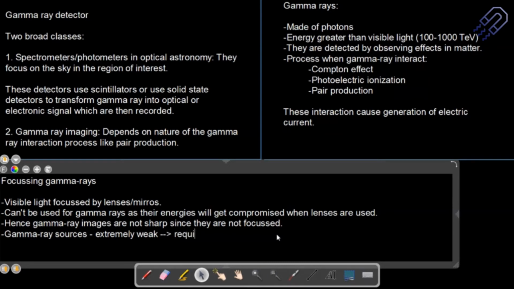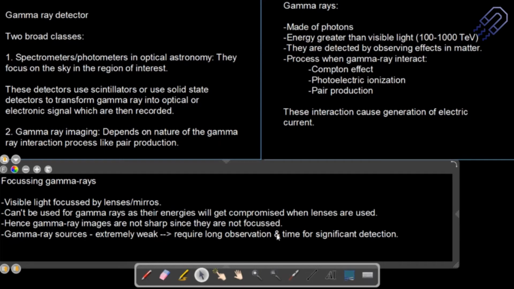So if they are weak and you really want to detect gamma rays, you need a lot of patience, and a long observation time is required for a significant detection.